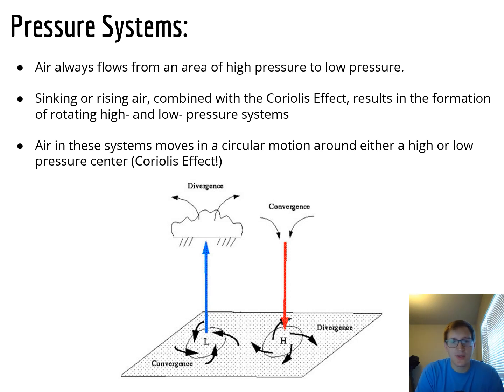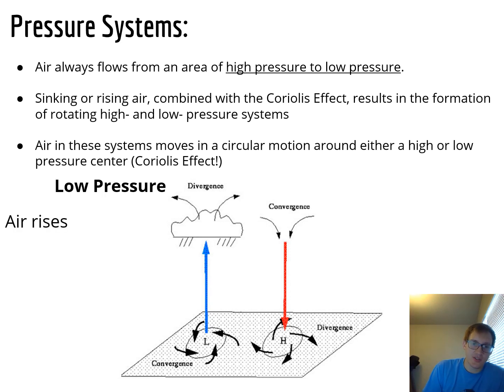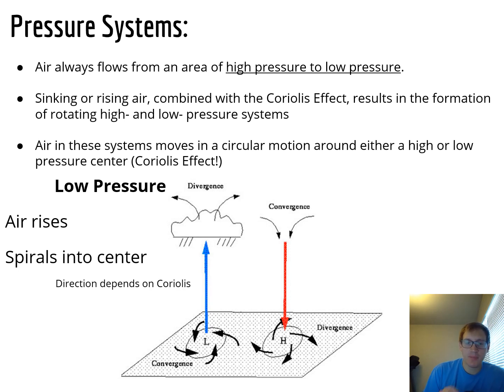Air in these pressure systems moves in a circular motion around either a high or low pressure center. The Coriolis effect is what causes these things to not move in straight lines because we're spinning. The air currents are going to spin as well, just like our ocean currents do. So in a low pressure system, air rises and spirals towards the center, and these are the things that typically bring bad weather.